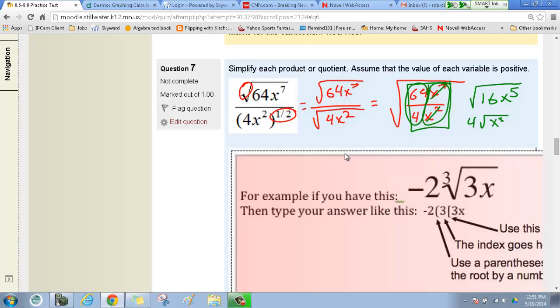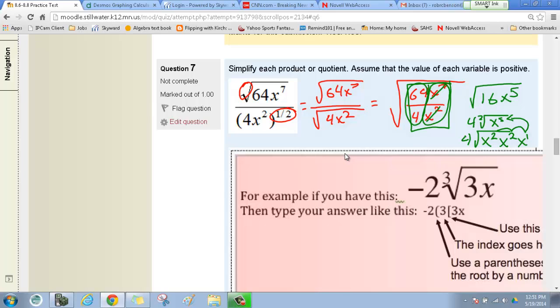Now I got to start taking out groups of 2 x at a time, because this is an index of 2. So let's bring this out. I got 4. I'm going to break this up. 4 square root of x squared, because I'm breaking up into groups of 2, x squared and x. Notice the x squared and this x squared and that 1 that's right there. I just don't write it. That gives you 5 when you add them all together.